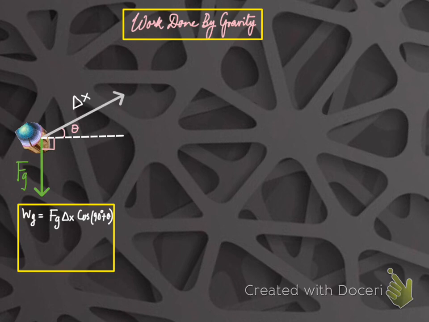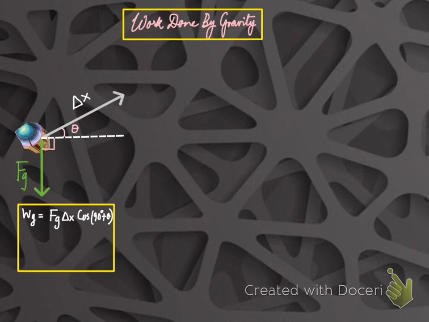Now, as you can see, we have a 90-degree angle there and an angle theta. So, taken together, this angle is 90 degrees plus theta. So therefore we write Fg times delta x times cosine of (90 plus theta).